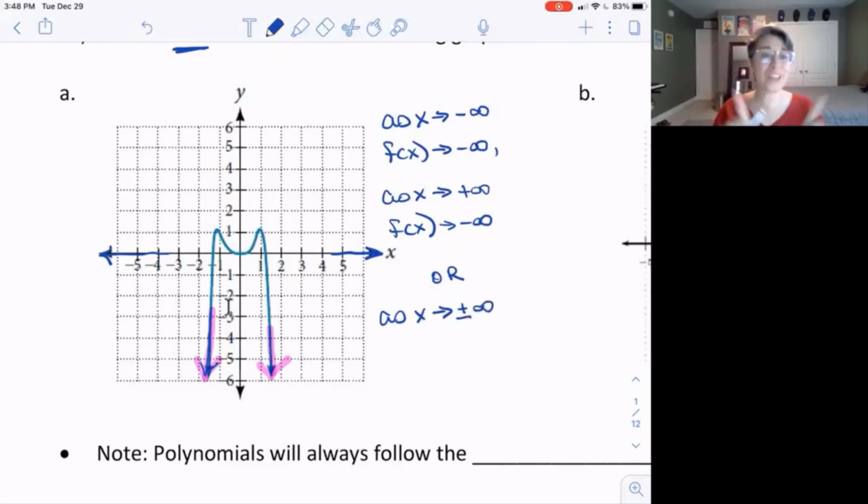In other words, you're looking at both directions. F of x is only going towards negative infinity. So you can combine it like that, but only if your graph is going in the same direction, both ways.